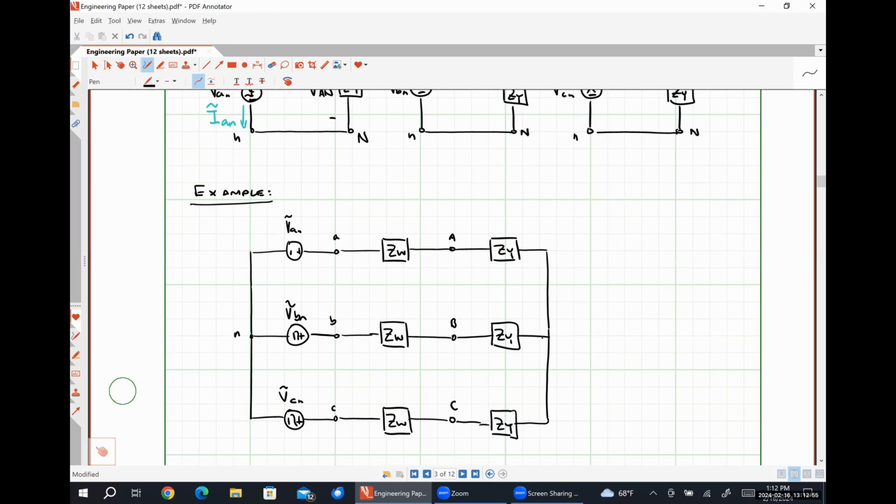And let's say that we are provided the following information. Let's say that our voltage VAB is 277 angle 30 degrees volts RMS.